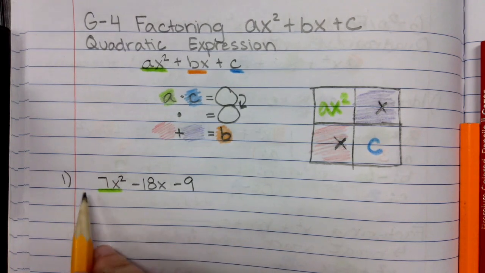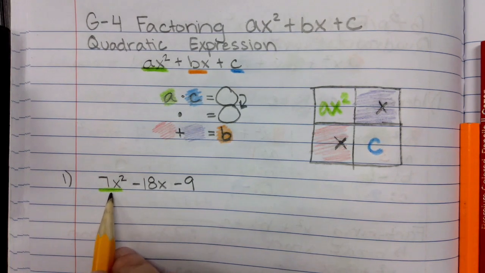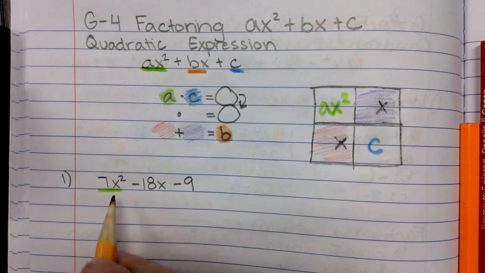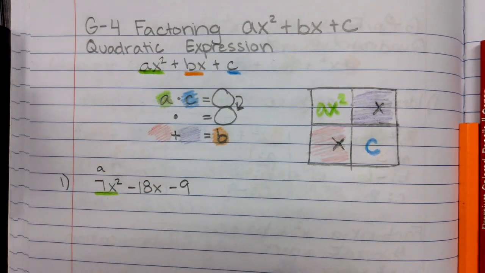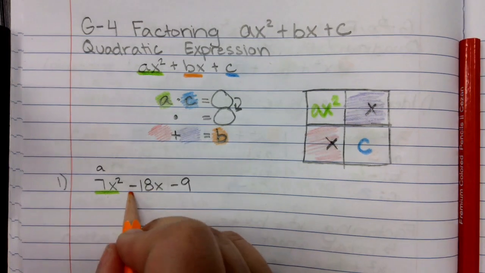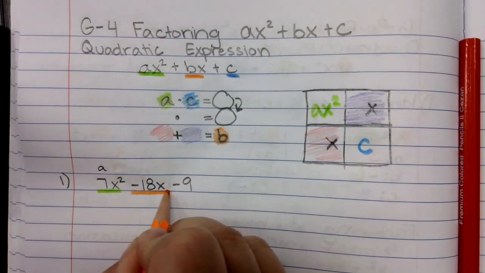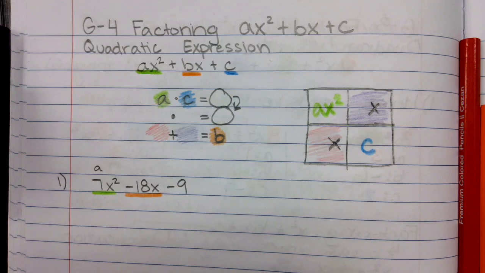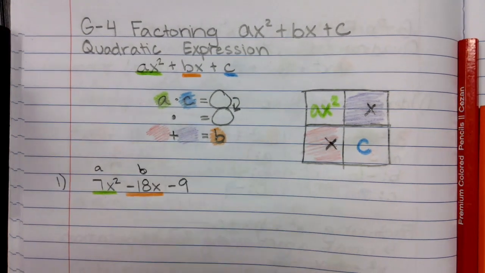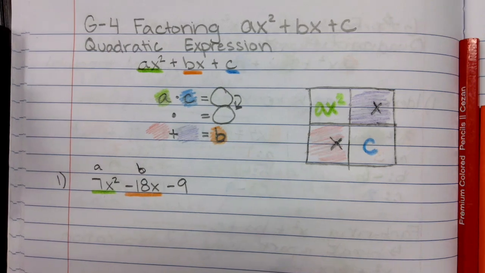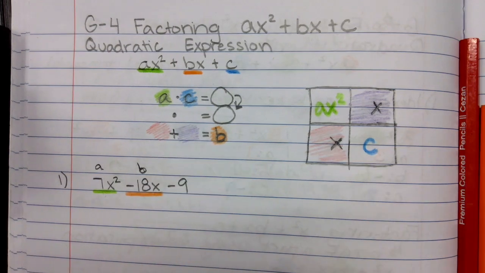So just the 7 is A. All right, what is my B? Not just 18. Negative 18. Good. So my B is negative 18. And what is my C? Negative 9.